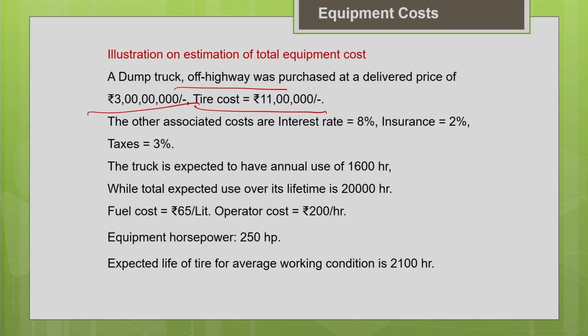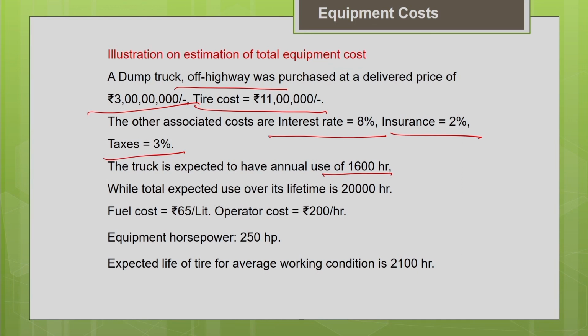The other associated costs are the interest rate, which is 8%, insurance 2%, and taxes 3%. So other components of the ownership cost are given, and the truck is expected to have annual use of 1600 hours. So every year the truck is operating for 1600 hours.